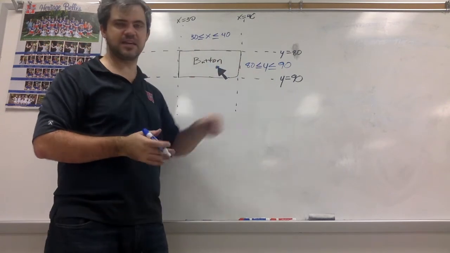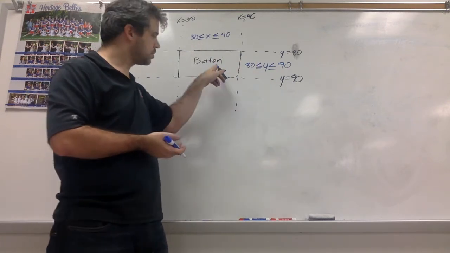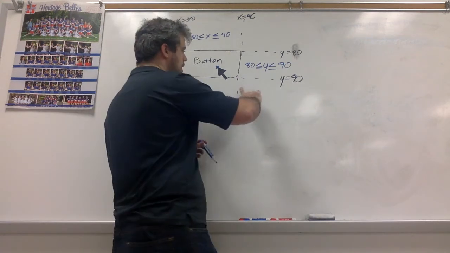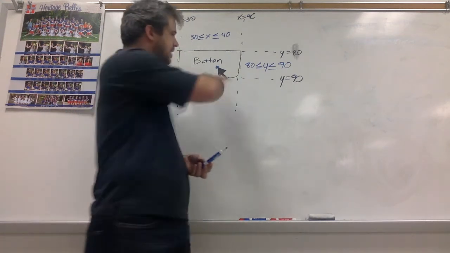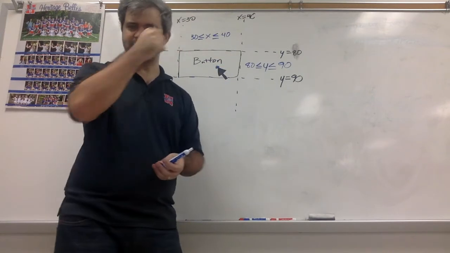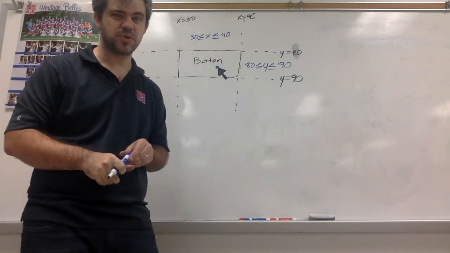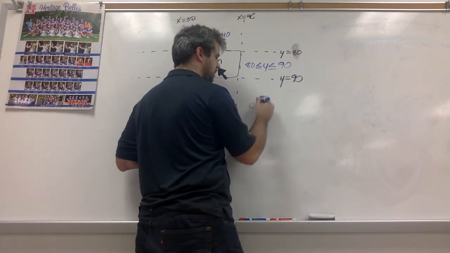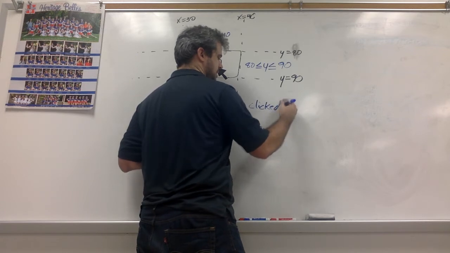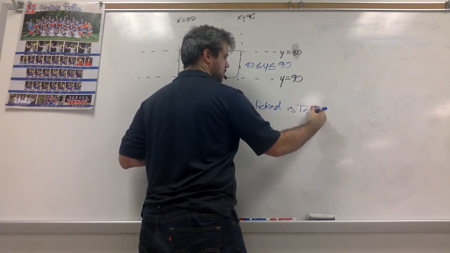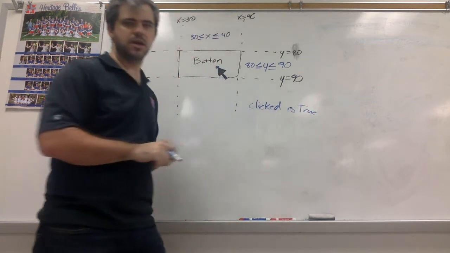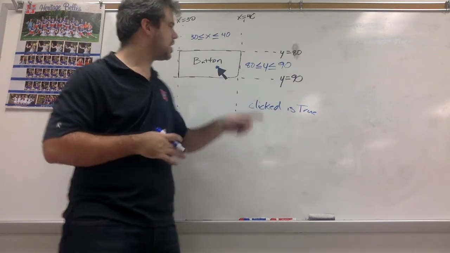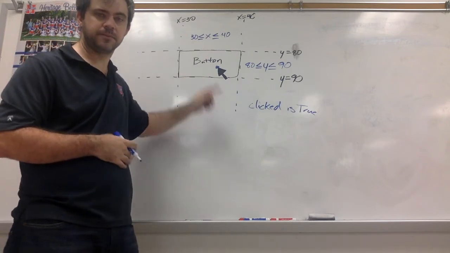Both of these things have to be true in order to be inside the button. On top of that, you don't want hovering inside here to act like they've clicked the button, because they have to click their mouse too. So we also have to see if clicked is true. These three things all have to be true in order to say that we've clicked the button.